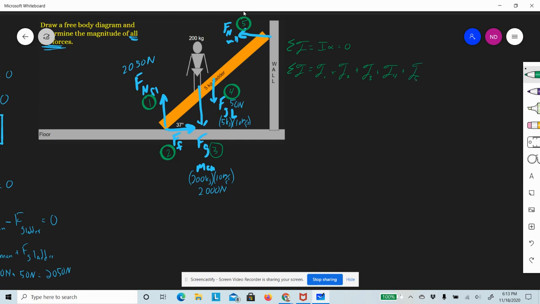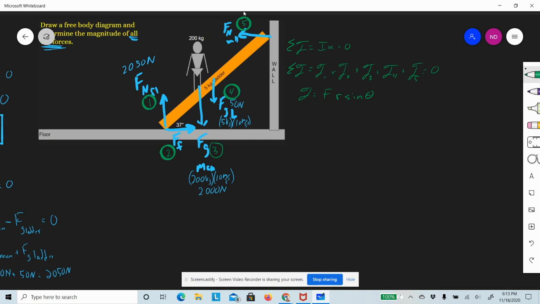All of that equals 0. Now here we have to define a pivot point. Remember, in general, torque is equal to the force times the radius times the sine of the angle. Only the perpendicular piece of the force causes it to twist.